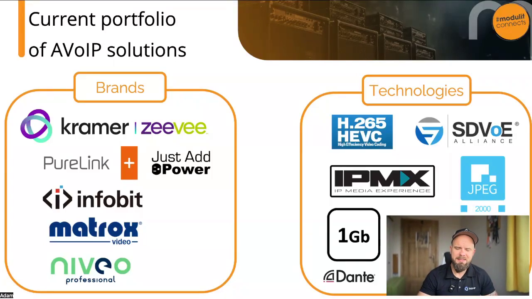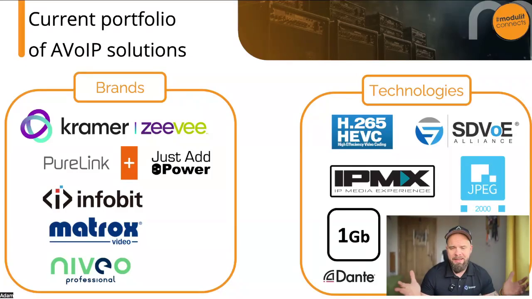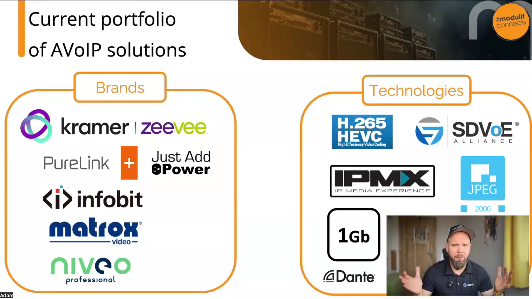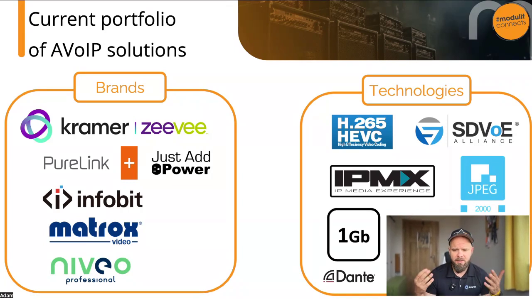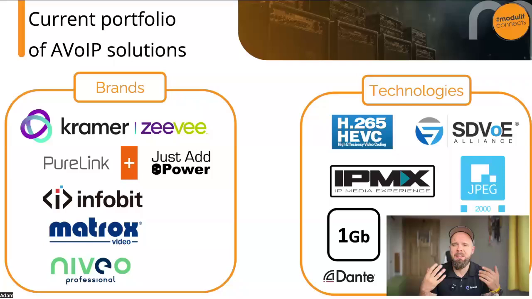So let's see what we as a Modulid solution can offer you in terms of the portfolio, the brands, the technologies. I can say our portfolio is very wide. We can offer you different manufacturers which are supplying different technologies. If you want to go with a 1 gigabit Ethernet network for AVoIP, well, we have plenty of devices.